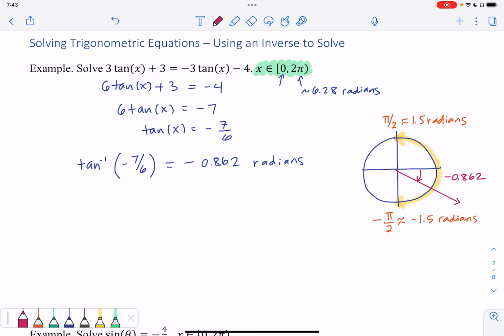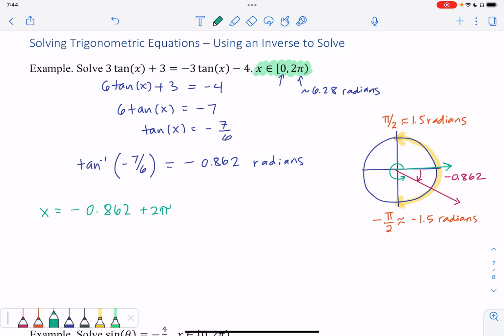So how would I get the angles that I need to solve this equation? Well, I know that my angles need to be between 0 and 2 pi. So if I take this negative 0.862 and add 2 pi to it, that is going to start at the positive x-axis, still in standard position, but going in the positive direction, so I would land between 0 and 2 pi.